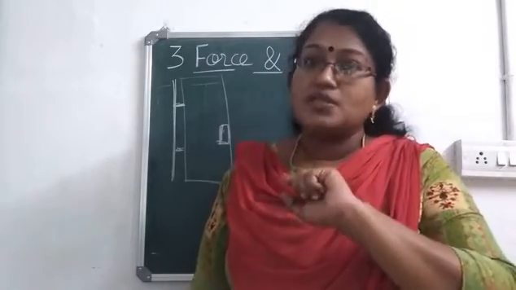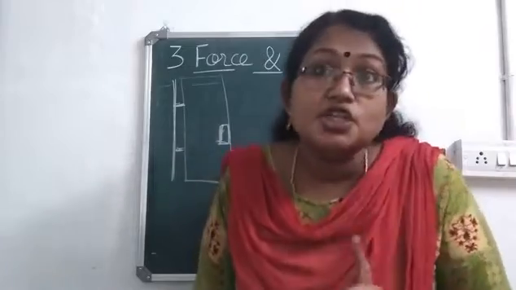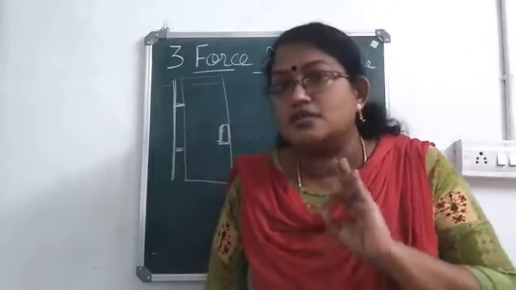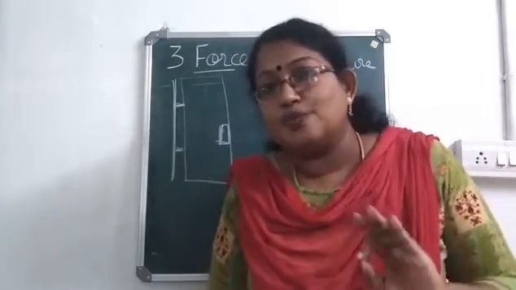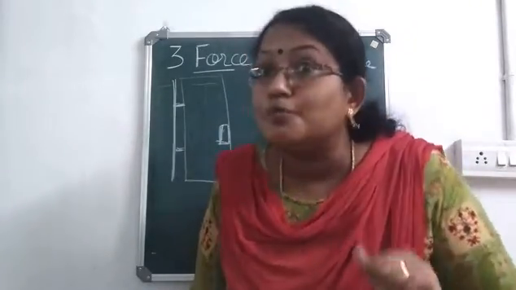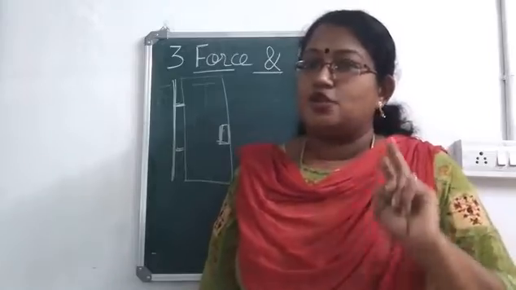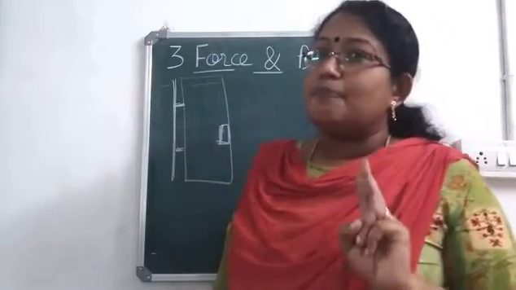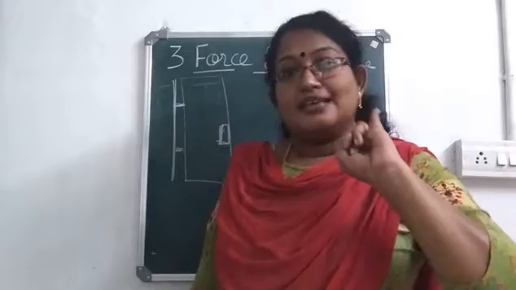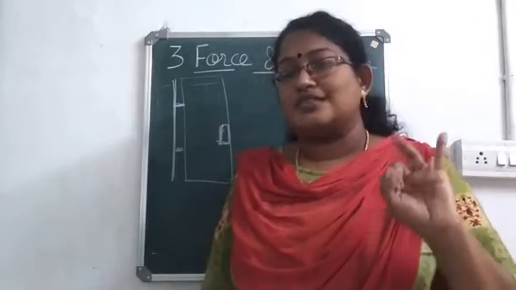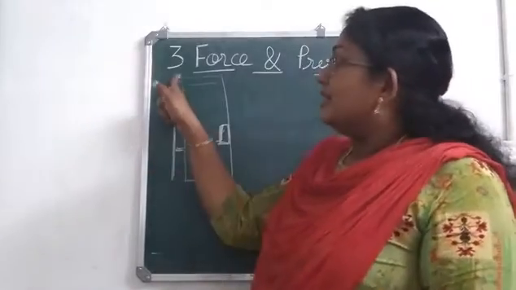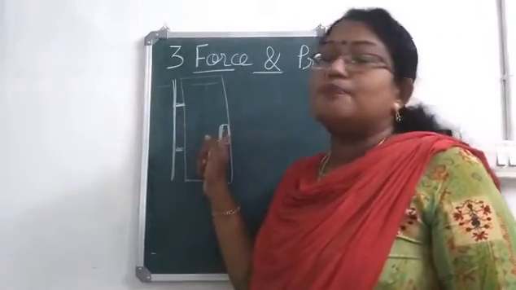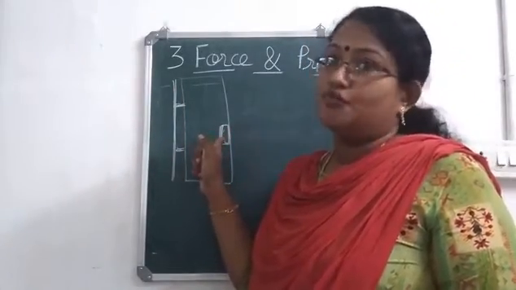Here, the doors are actually fixed on the hinges. That means it is not free to move, isn't it? So, by applying force, a turning effect is produced. Turning effect or moment of force depends on two factors: the magnitude of the force as well as the perpendicular distance between the axis of rotation and the point of application of force.